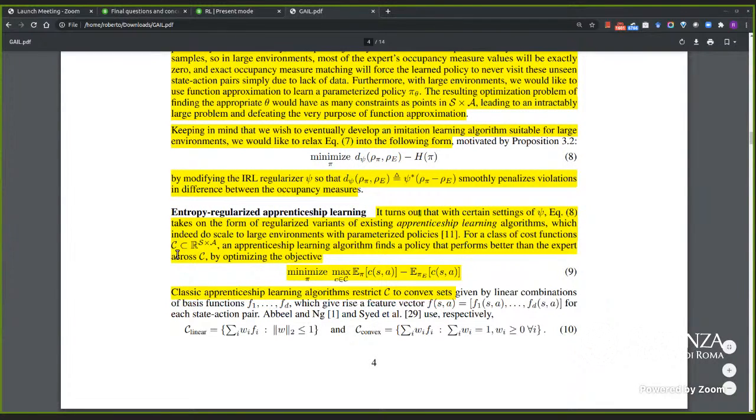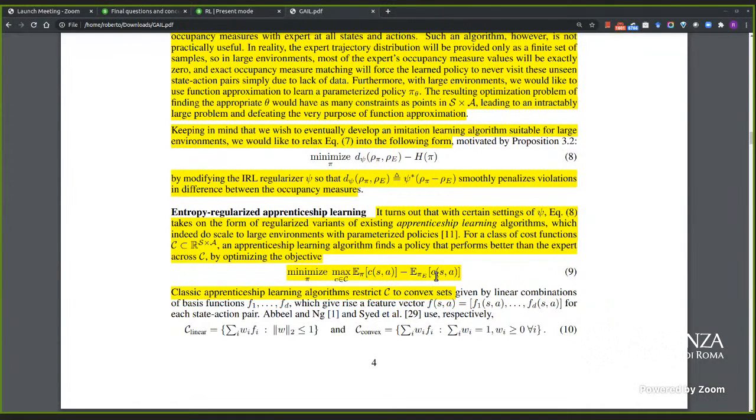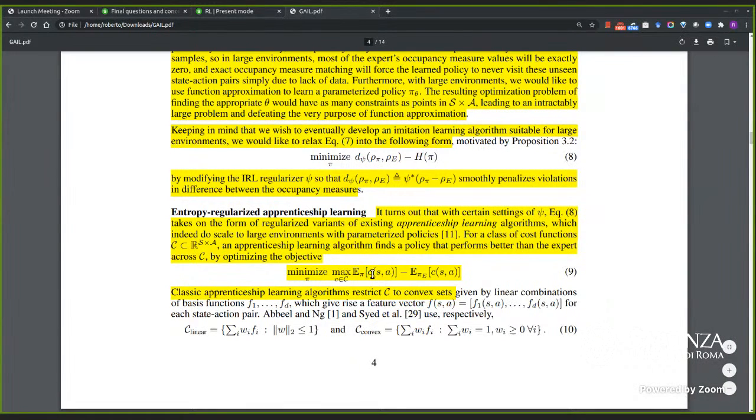For a subclass of cost functions in this space, an apprenticeship learning algorithm finds a policy that performs better than an expert across C by optimizing this objective, right, which is the objective of again maximizing the difference between the expected cost of the expert and any other policy, and then minimizing the cost over the policy.